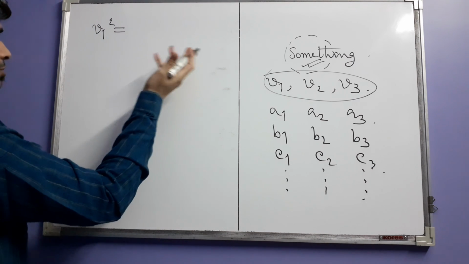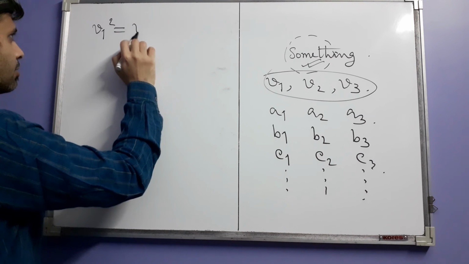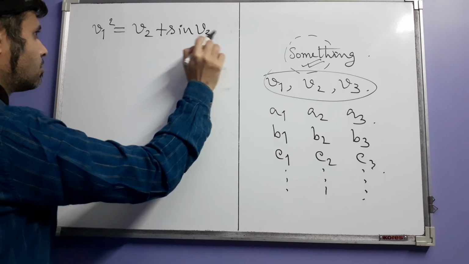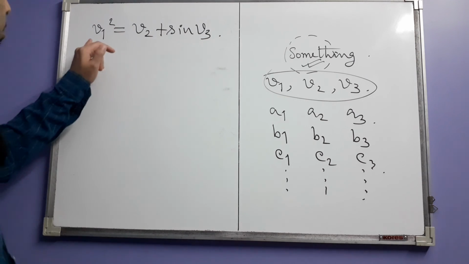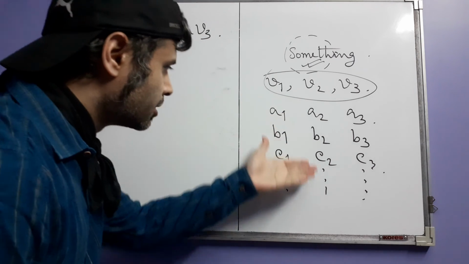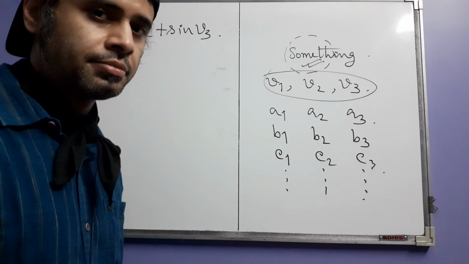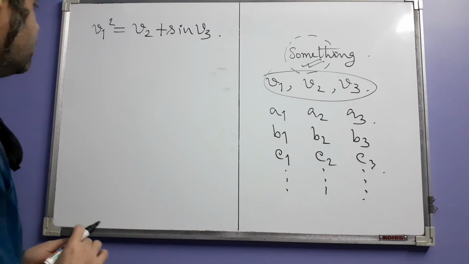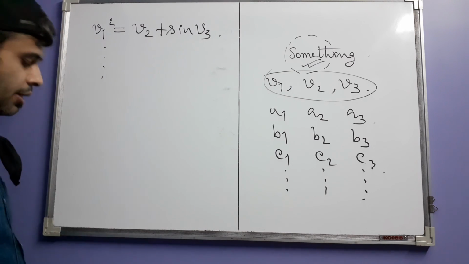I'm just simply giving an arbitrary relation, okay. You uncovered something like this from the data, and maybe you get some other relations as well.